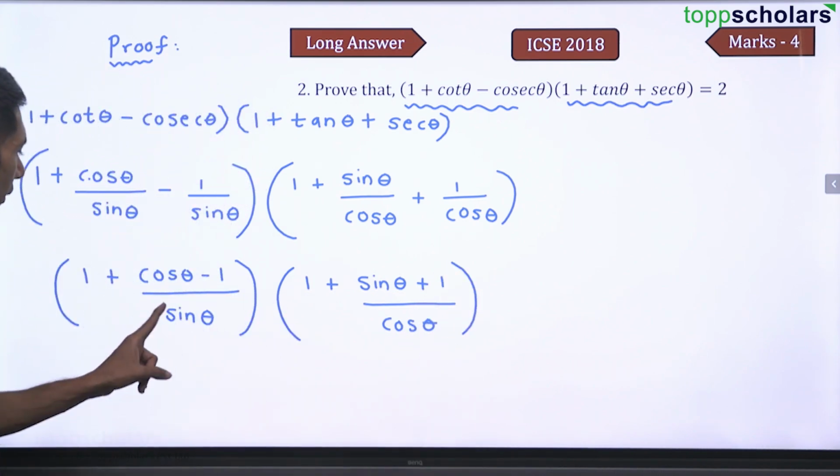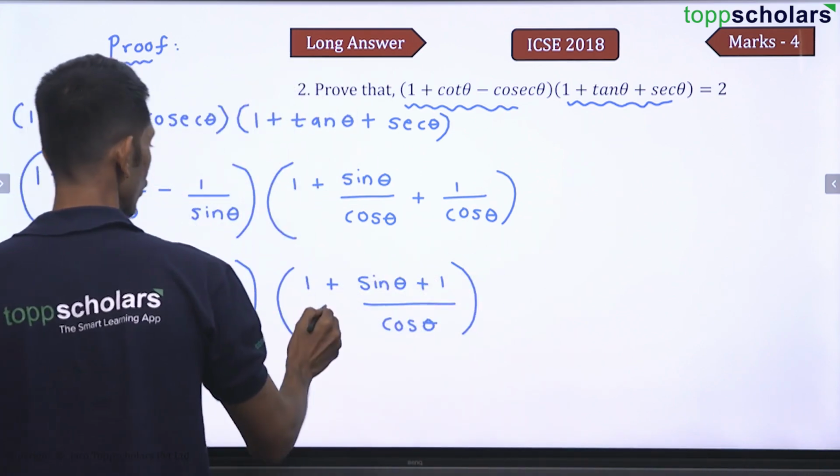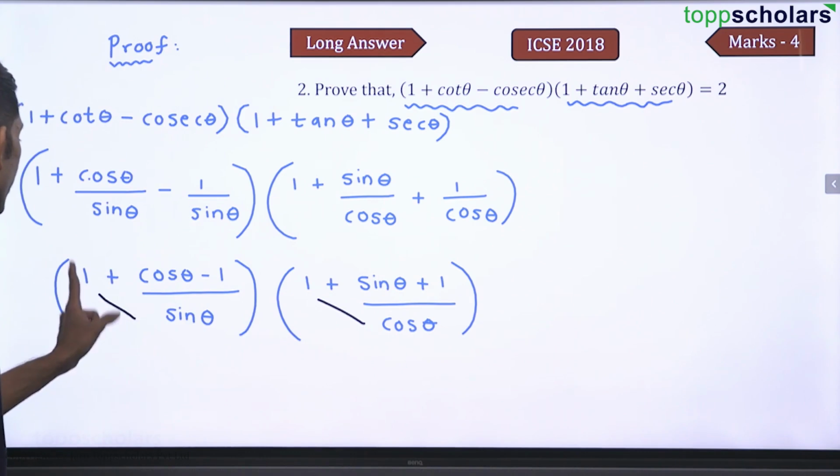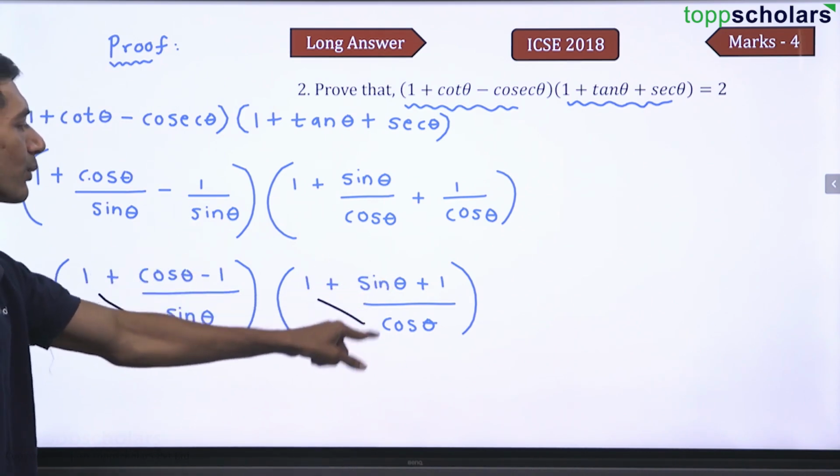Correct? Now, if I cross multiply this, understand, just cross multiply here and cross multiply here, I get sin plus cos minus 1 by sin, and cos plus sin plus 1 by cos.